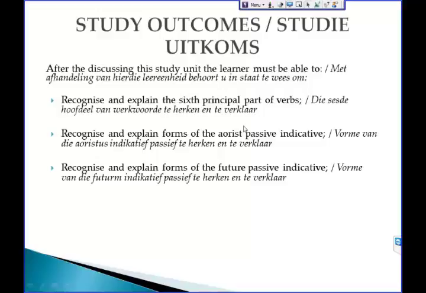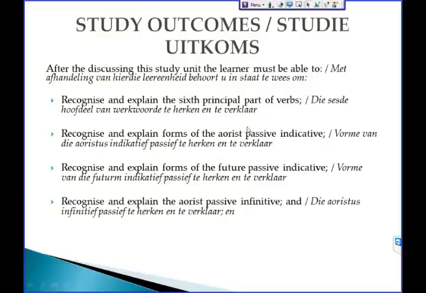We have dealt already with the aorist indicative active and the middle form, and also the future indicative active. But we did not deal with the future passive. So this is something we're just fitting in. It's not a new thing. It's still the aorist tense and the future tense as we know it. But then how do we form them and so forth? That's basically what we are doing today.